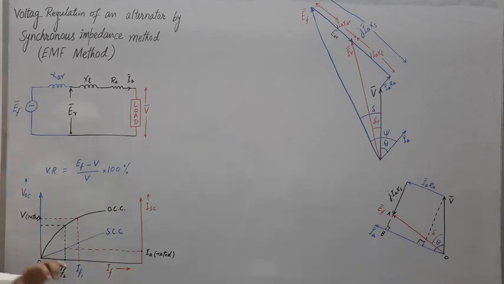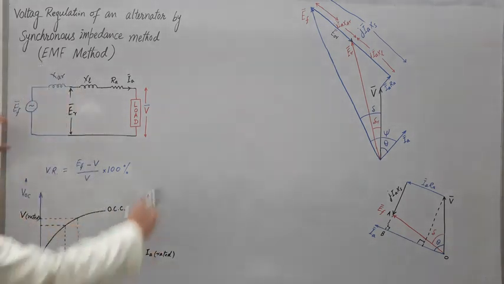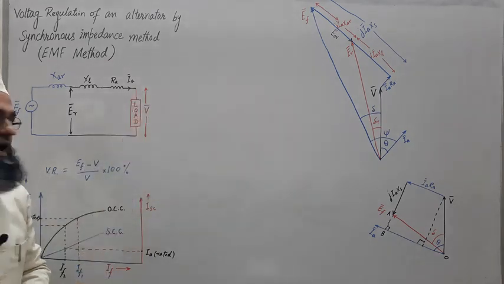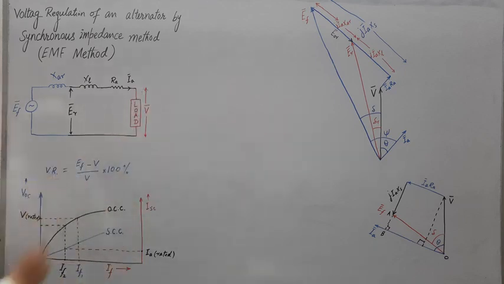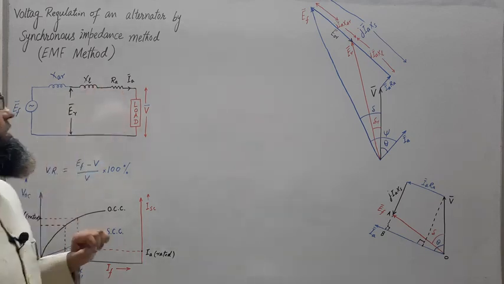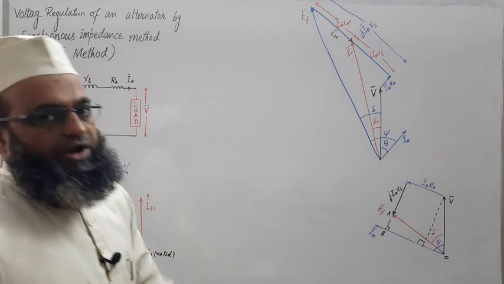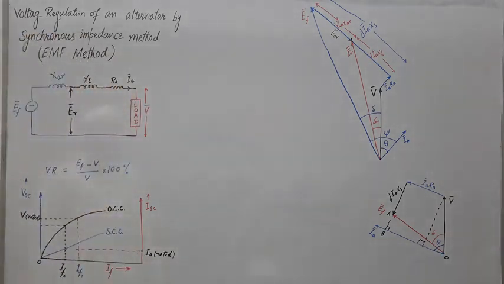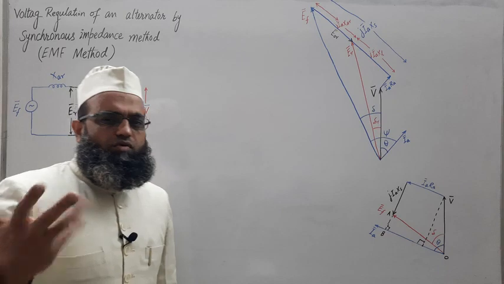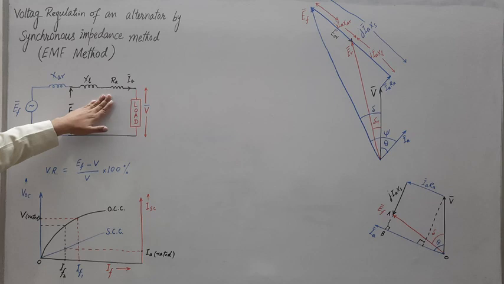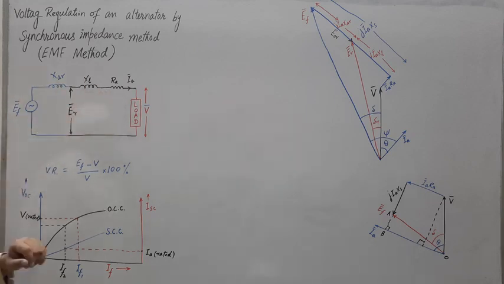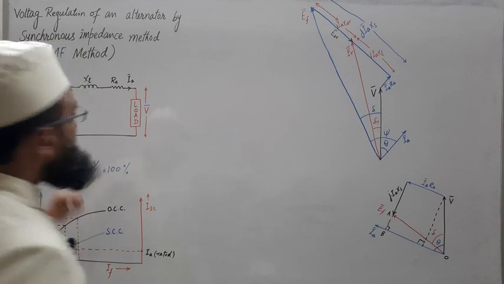Why am I using maybe? Because there will be one condition when these two phasors are exactly equal, and we will say the magnitudes are equal, and this difference is 0, and that will be the condition of zero voltage regulation. When the system is operating at leading power factor, lightly loaded, with power factor nearly 0.9 something leading, we know that a leading power factor load will cause a magnetizing effect.